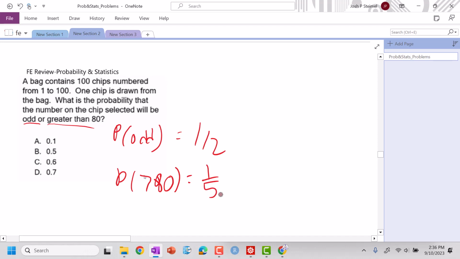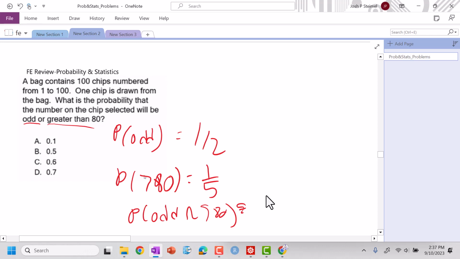Here we go. Now, what's the probability that we are odd and it is greater than 80? Let's think about it for a second. So something that would satisfy both of those values.